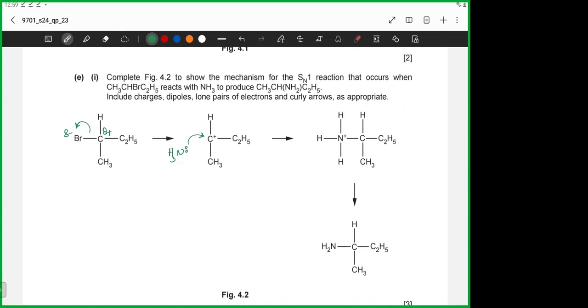And in the last step, the H is going to leave, so the Br-, which already has left, comes in and takes away one of the H's. Okay, is this clear?